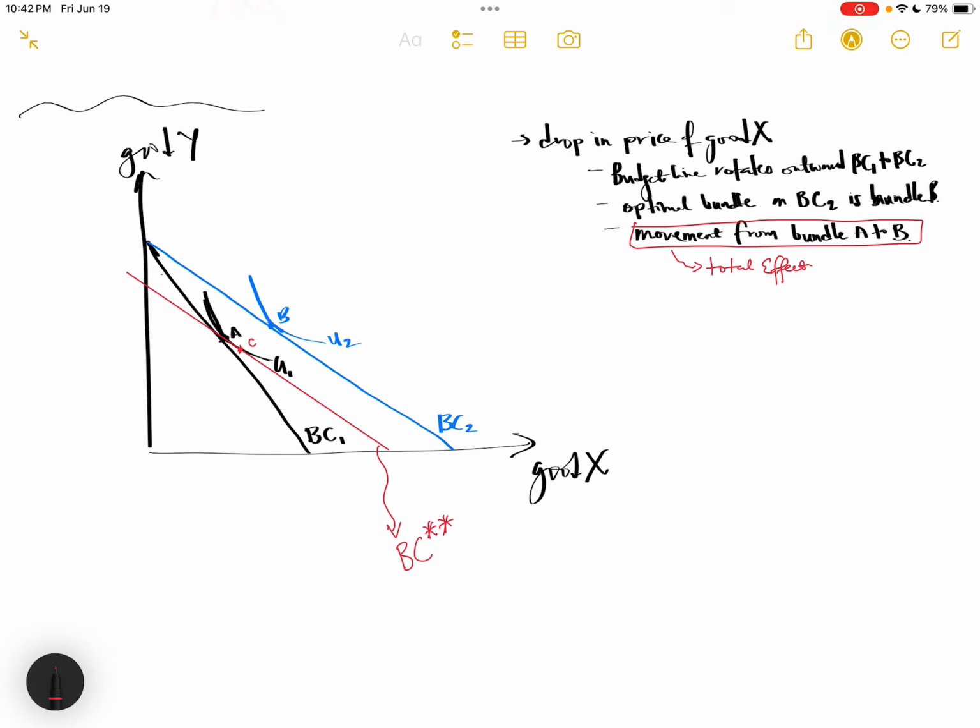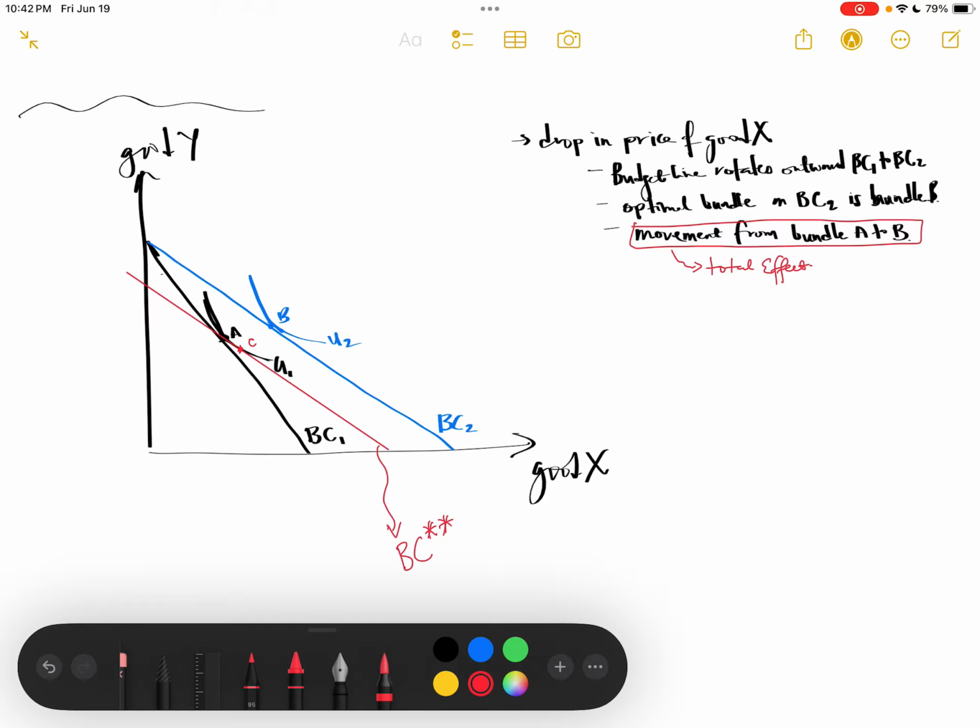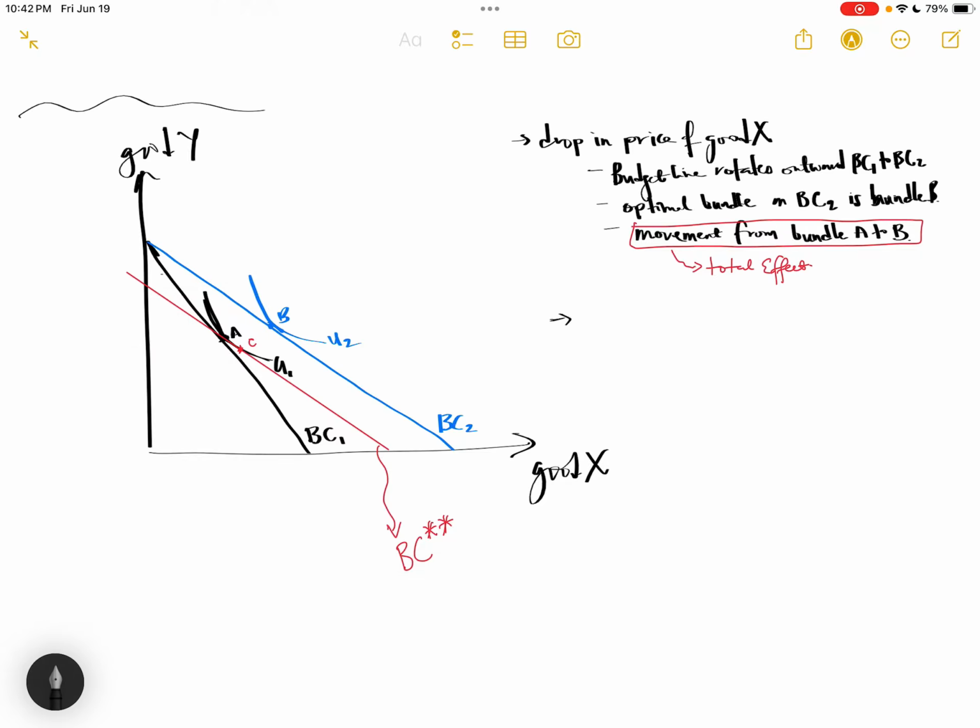All right. And so from here, here's what has happened. The movement from bundle A to C is the substitution effect.